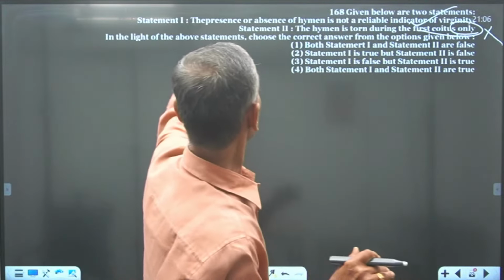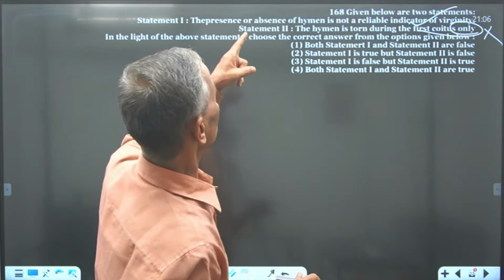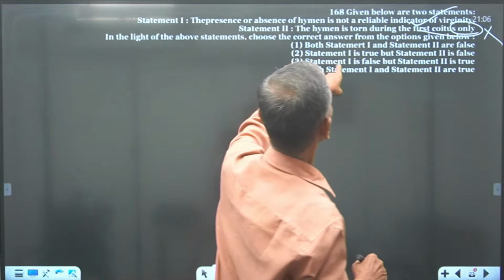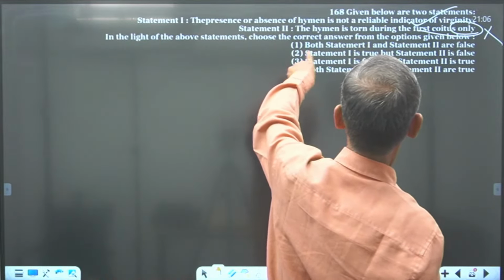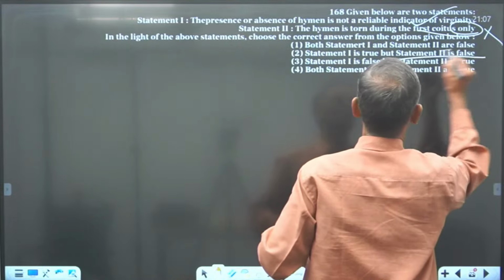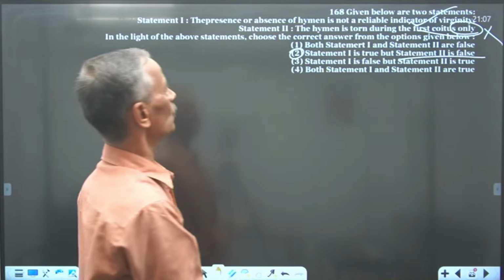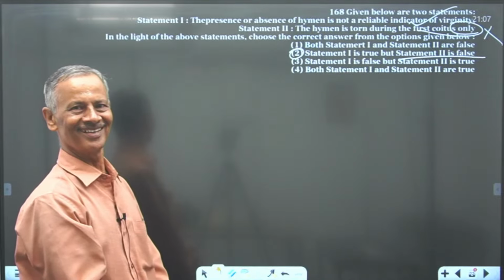Is that clear? So, statement 1 correct, statement 2 false. So, the option is 2. Clear?